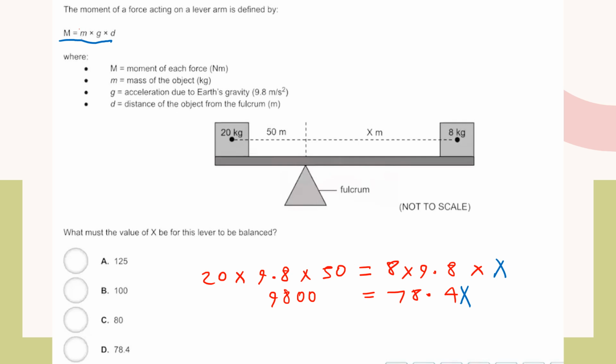Now if we divide by 78.4, we find that x equals 9,800 over 78.4. We can do the decimal point, but it's a bit easier without it, so I just increase it. It's 98,000 over 784.